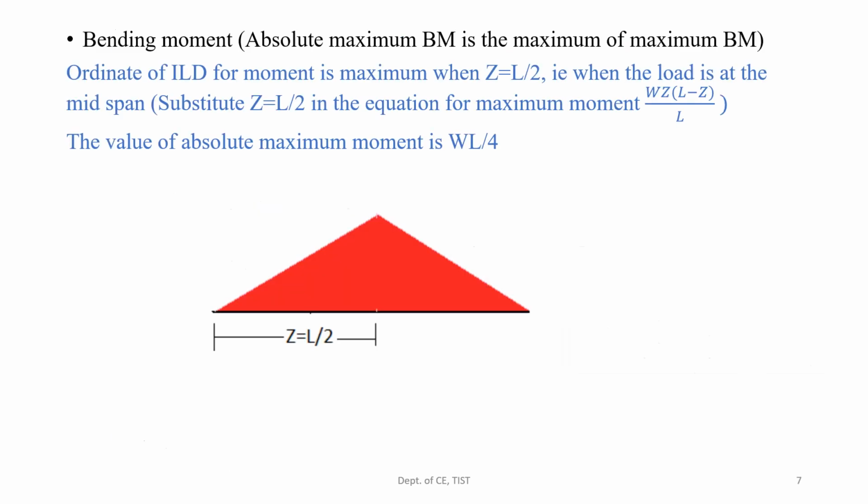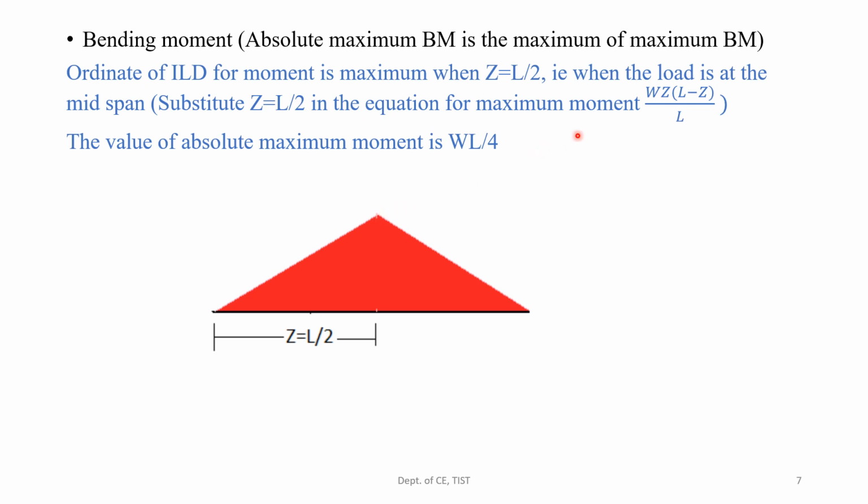Then coming to the absolute maximum value of bending moment. It is when we place the load at the midpoint of this beam. That means when the load appears at the midpoint of the beam, that is when Z is equal to L by 2, you will get the value of absolute maximum bending moment.